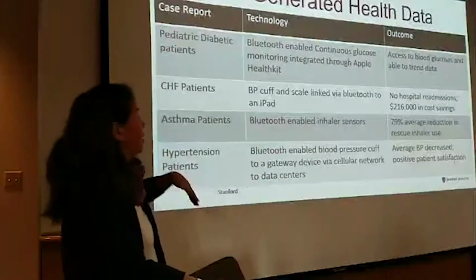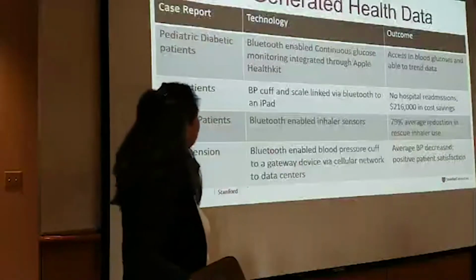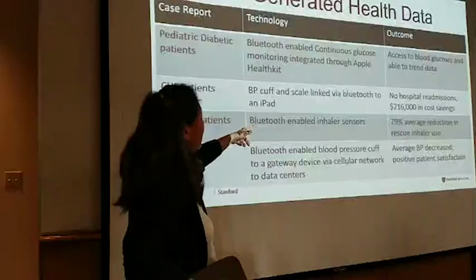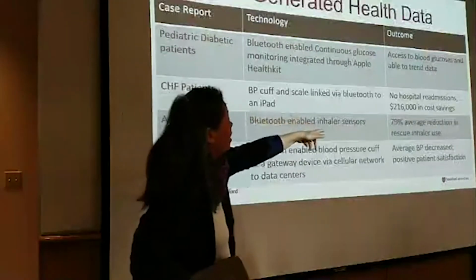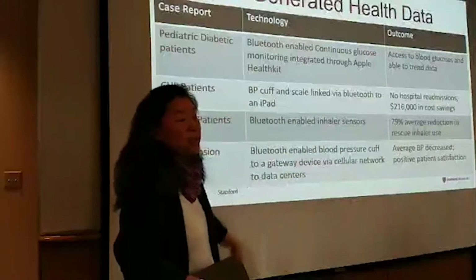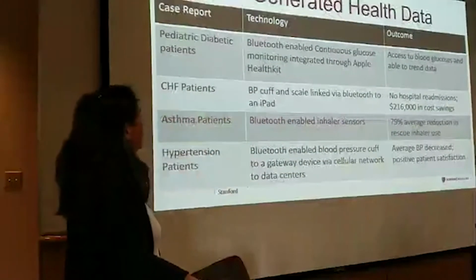That's very helpful because that's feedback, right? Chronic congestive heart failure patients got a blood pressure cuff and a scale linked to an iPad. That actually reduced in-hospital readmissions. So there was a direct outcome using some of this technology.